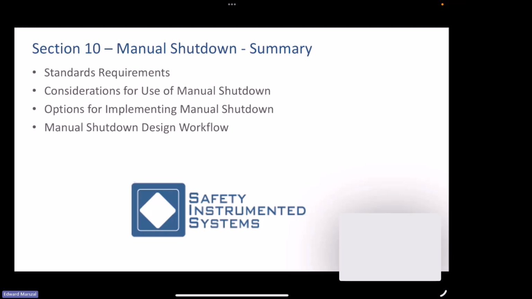Maybe I've got a BPCS valve in the same service. Maybe a shutdown system from another plant is going to close my feeds coming in. So there's no benefit in having that valve. There may be other means to get yourself to a safe state than that one SIS final element, and then that manual shutdown switch provides no benefit at all. Those are the key reasons that I could do it a different way.